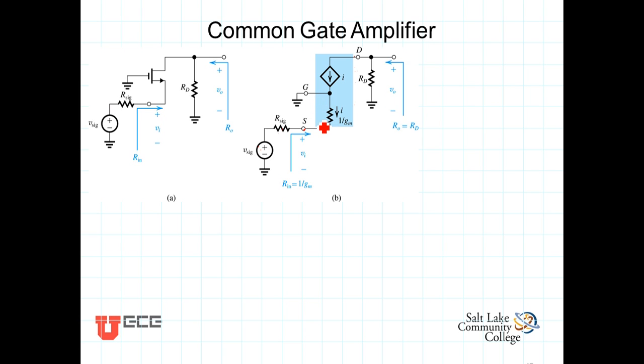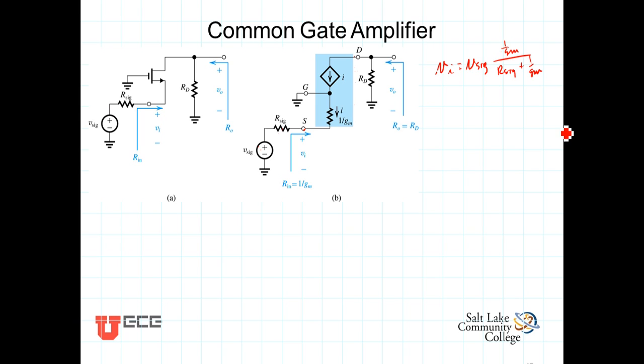The gate has been grounded, and so we have that v_in is equal to v_sig times 1 over g_m divided by R_sig plus 1 over g_m.